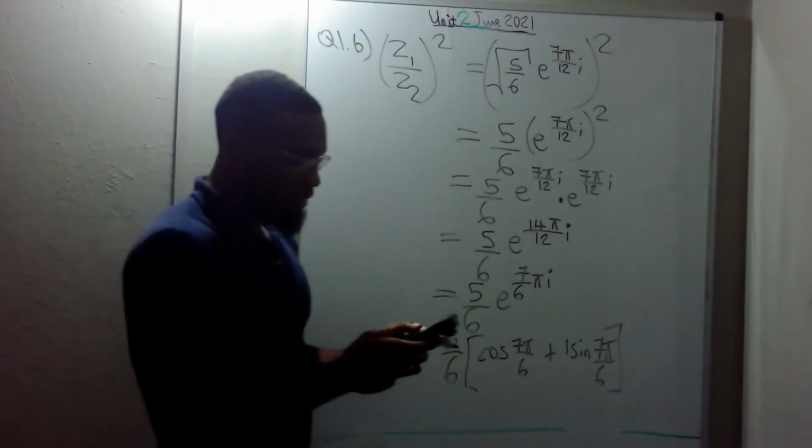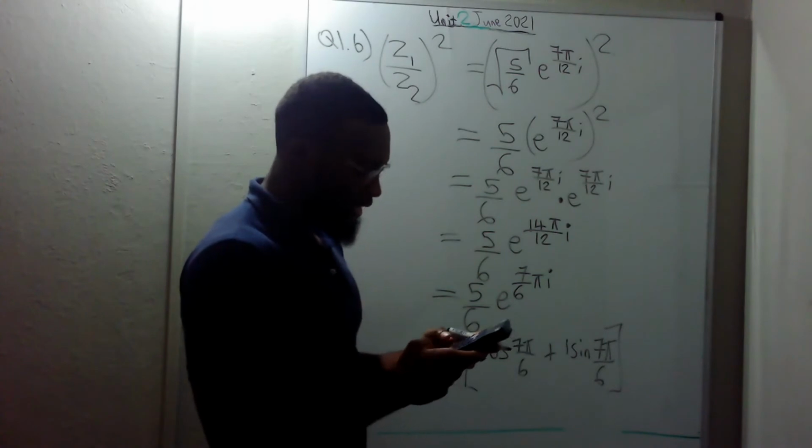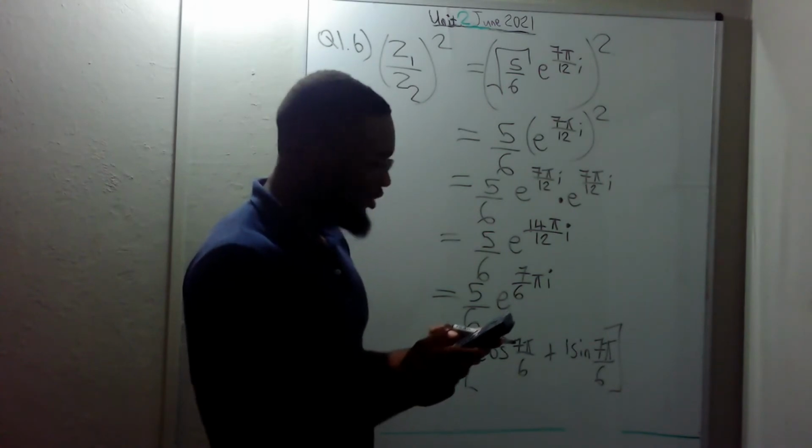So if we work this out now, 7 times 180 divided by 6, the cosine of 210 is minus root 3 over 2.